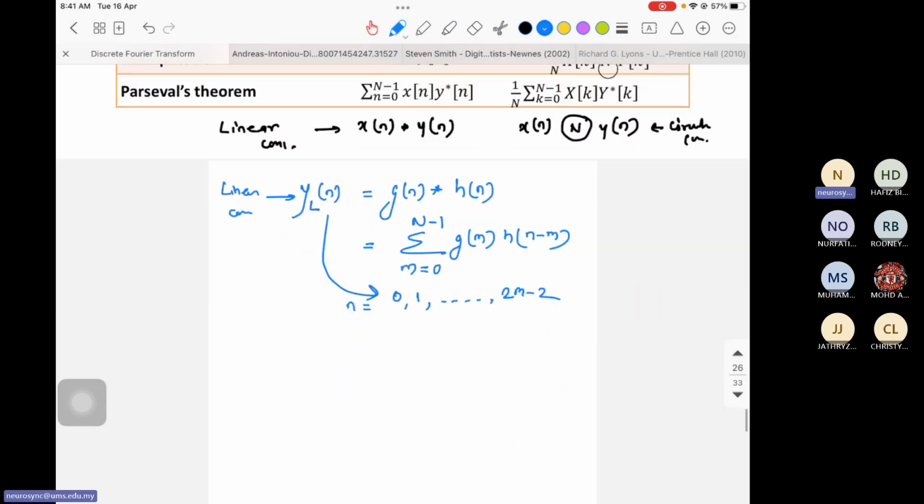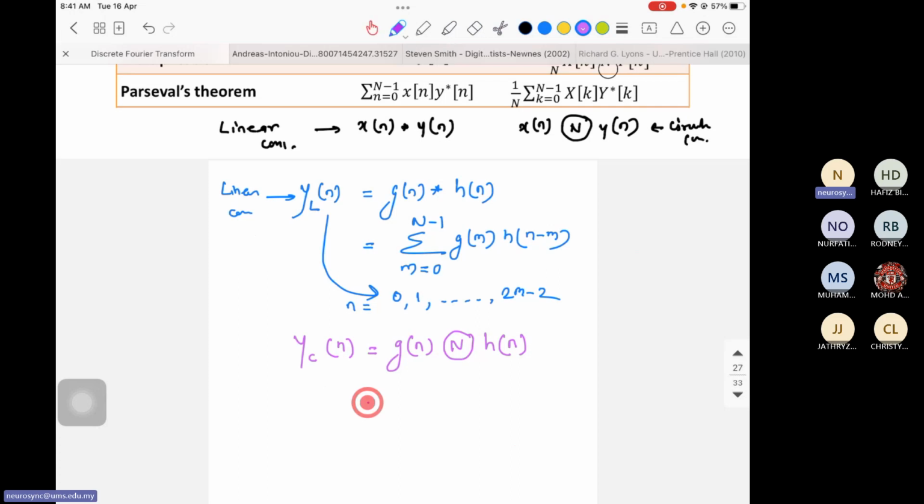Now for circular convolution, I am writing y subscript c of n, which is g of n circularly convolved with h of n.